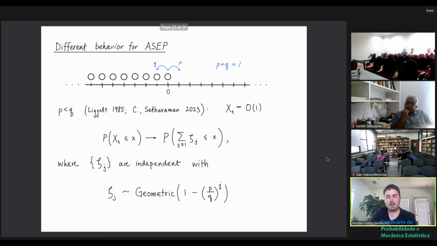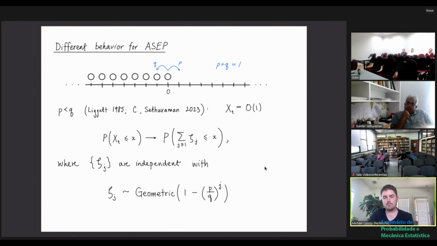In the bias to the left case, particles cannot move to the left in this nearest neighbor case. With the bias to the left, you expect this leading particle to be on order 1. It's not going to really move very far. This is given implicitly in Liggett's book, but in our paper we wrote it and proved explicitly that the unscaled leading particle position has a limit distribution that is the sum of independent geometric random variables.